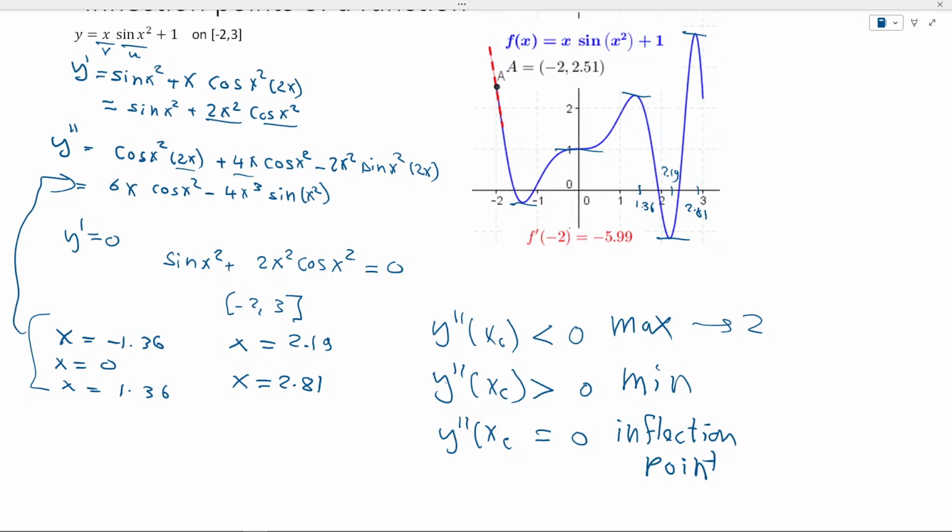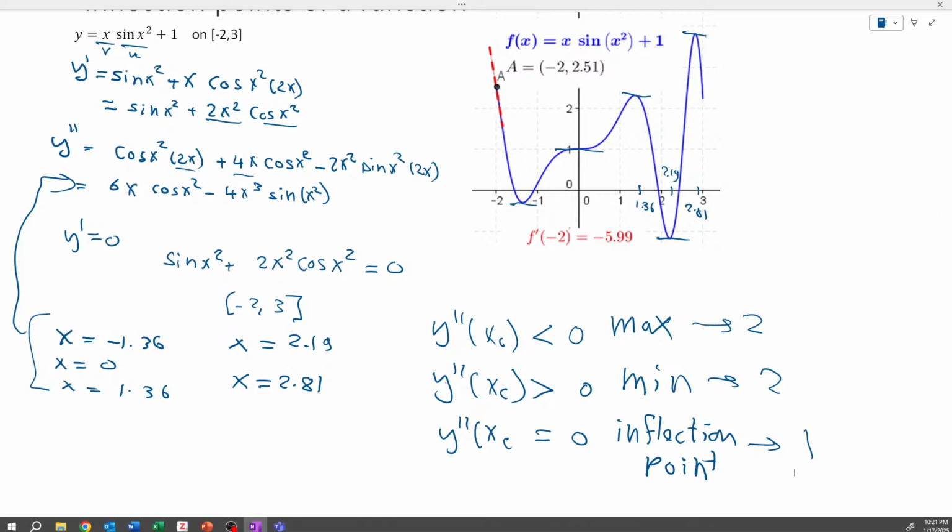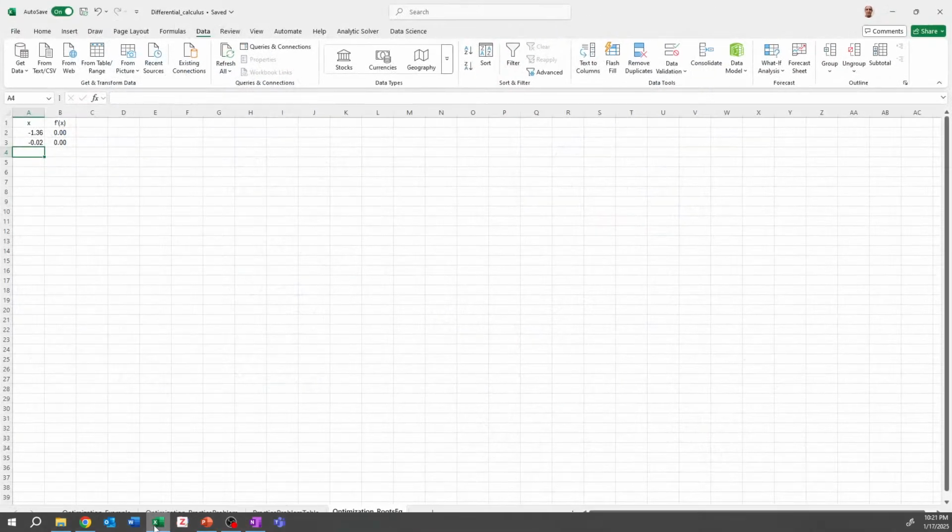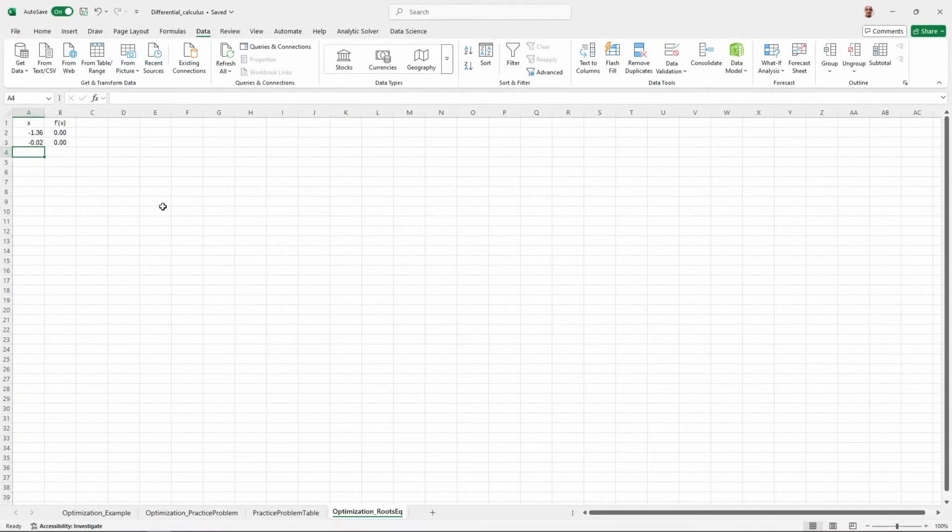And we are expecting to get 2 of these, and 1 or so of these. And we have 5 points. So we can just do this again. If you like, you can do it with Excel, for example. You can come here in Excel and put your critical points, and this is my f of x now.